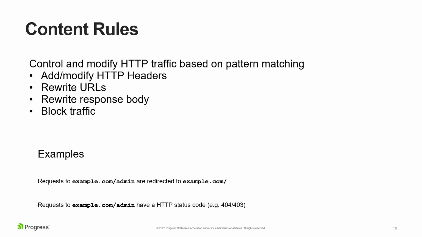Other things you can do with content rules, obviously, are block traffic and do traffic redirection and traffic management. For example, if you have an application with an /admin path where you can do admin type features, you can block that, either by redirecting everything back to the root, or by blocking the connection and returning a status code.